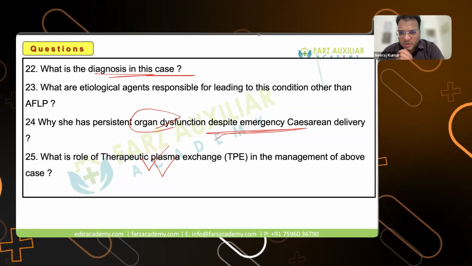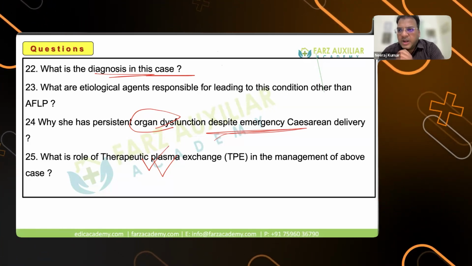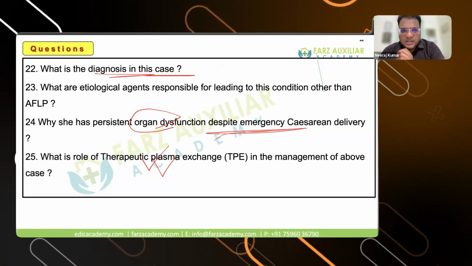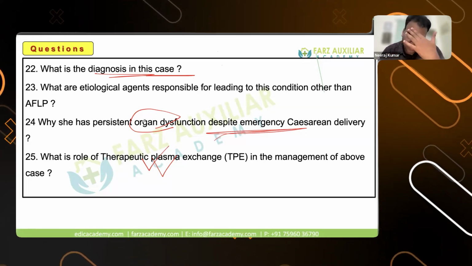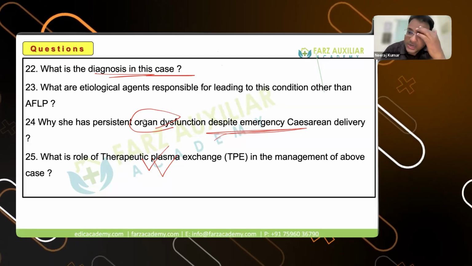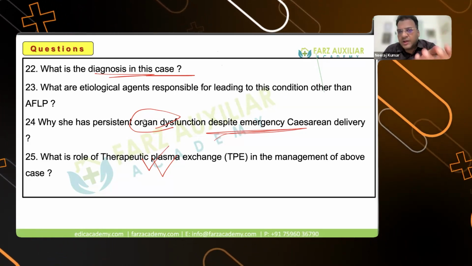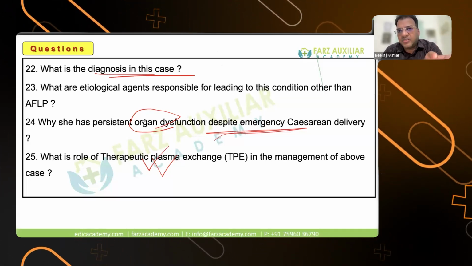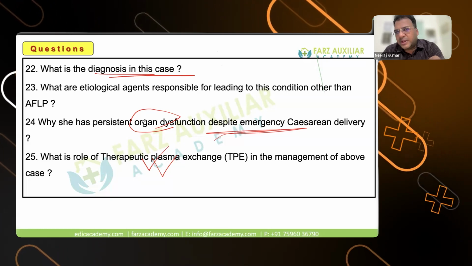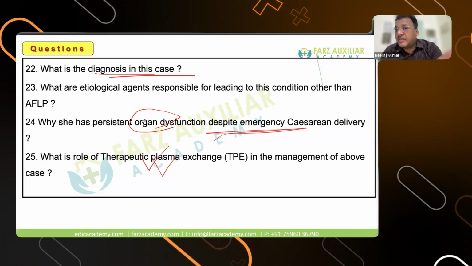I think the obstetric domain is very, very important. I'm sure that many of you must be reading, and these clinical case scenarios as well as case-based discussions are always very important. These are only a few of the topics that I have covered. Still, I have not been able to cover pregnancy with sepsis, pregnancy with trauma, and viral hepatitis in pregnancy.